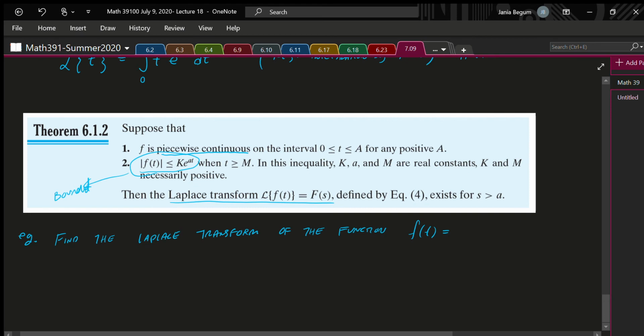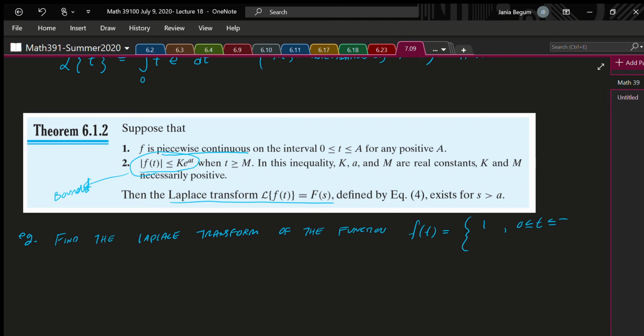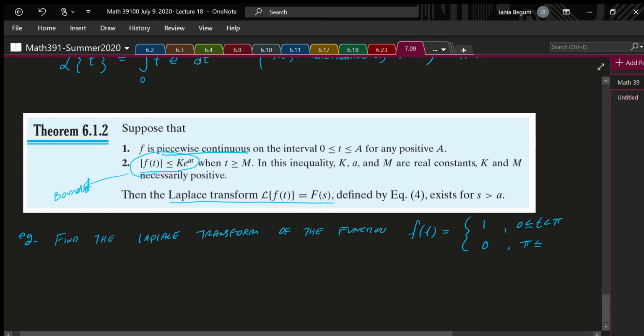So we have 1 on the interval 0 to t less than or equal to pi, so less than pi. And then we have the function 0 on the interval pi to infinity. That's what it means to be piecewise continuous, meaning on certain intervals you are continuous.